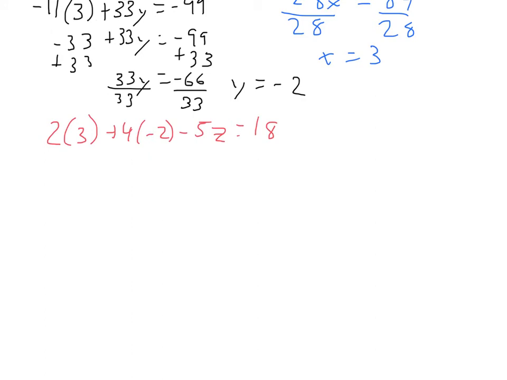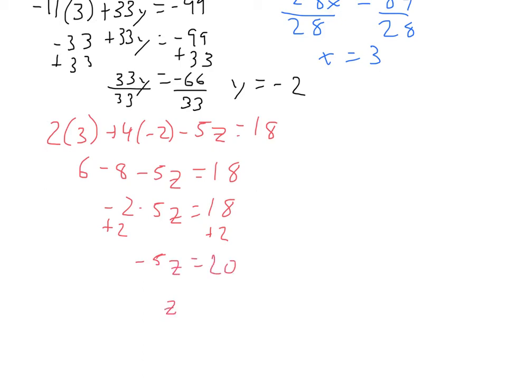From there, 2 times 3 is 6, plus, we'll just make that a minus, 6 minus 8 minus 5z equals 18. 6 minus 8 is negative 2 minus 5z equals 18. Add 2, negative 5z equals 20. So z must equal negative 4. Or just divide both sides by negative 5, we'll get negative 4.